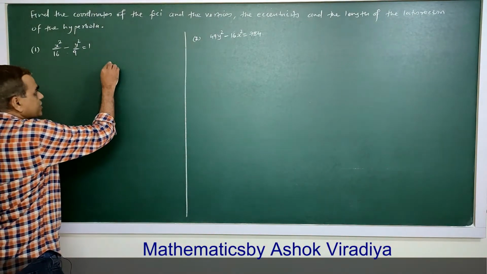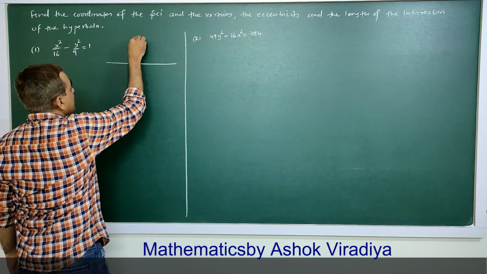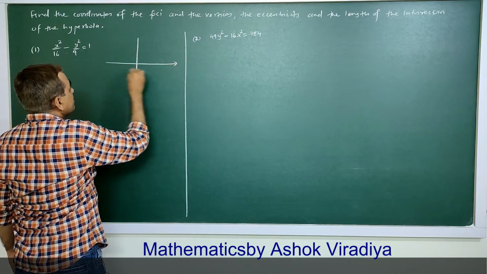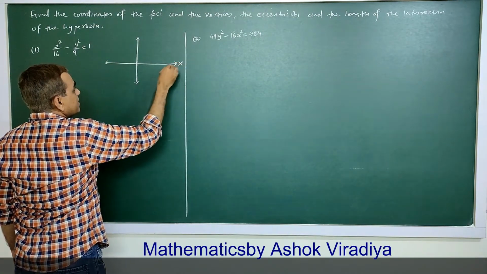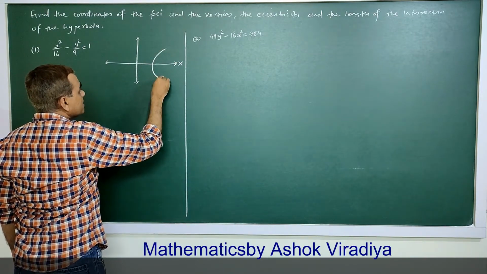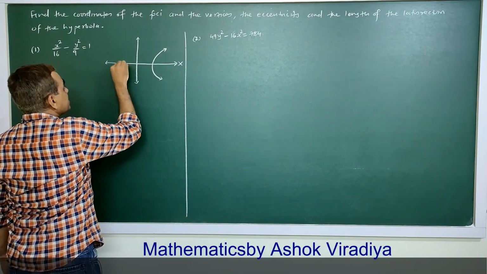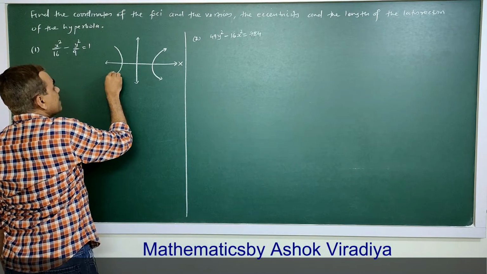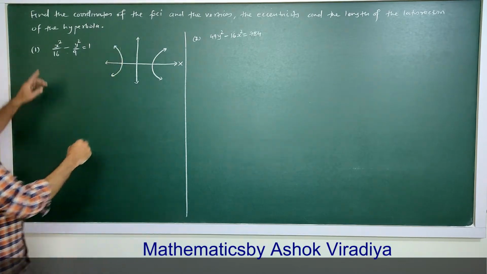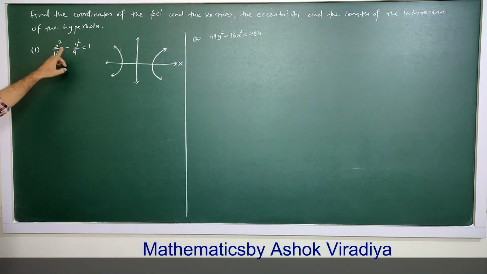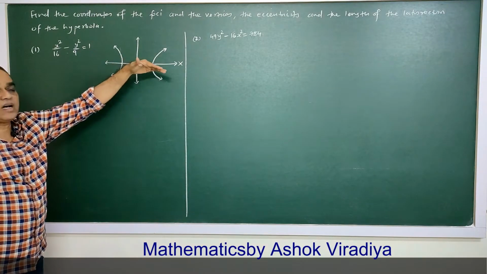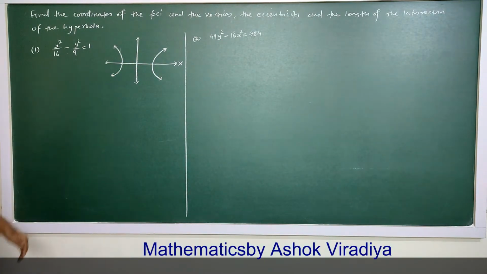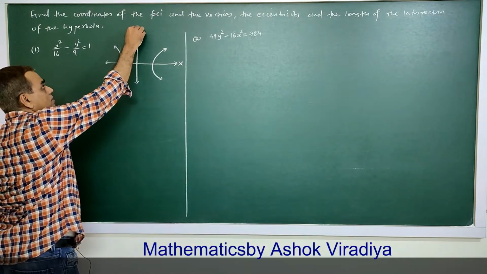So the sketch of this hyperbola will be something like this. Its transverse axis will be along x axis. If x square is positive, then its transverse axis lies along x axis and conjugate axis along y axis.